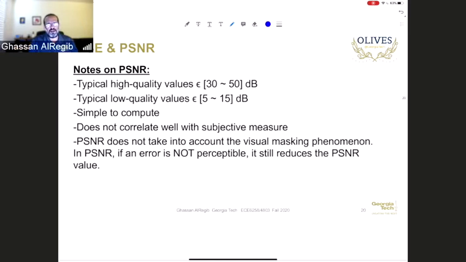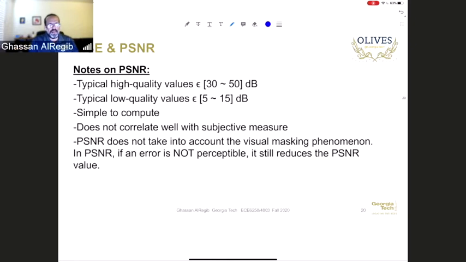Between 15 and 35, or between 20 and 35, it depends on the content: whether it's really high motion, or there's a lot of flat region. So there are quite a few limitations in terms of correlation with the human vision system. And what I'm talking about in the last bullet, this masking phenomenon, we'll study in more detail later in this lecture or the next lecture.